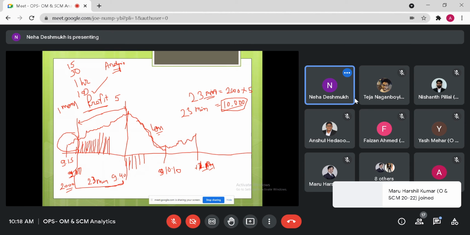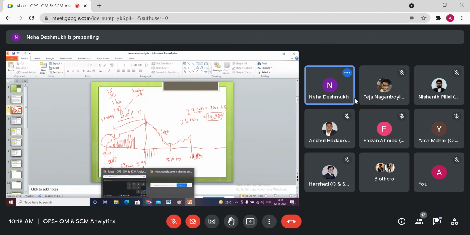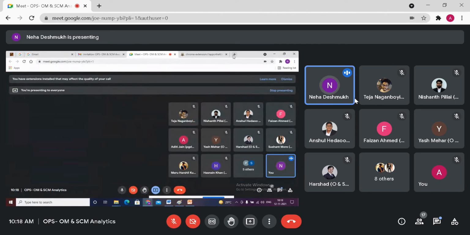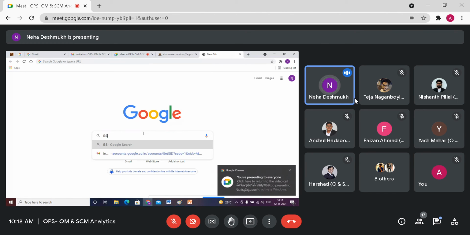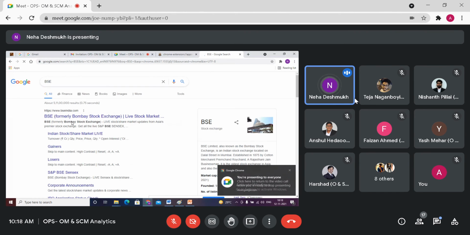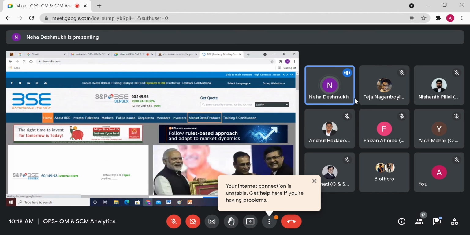On most websites nowadays, an Excel sheet is directly available for data analysis.